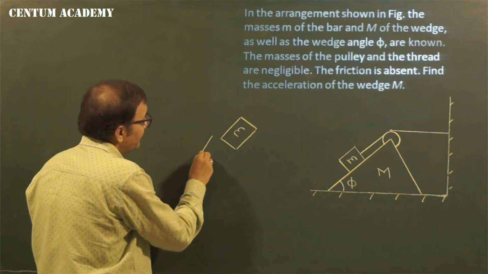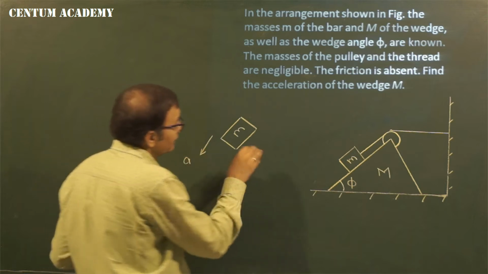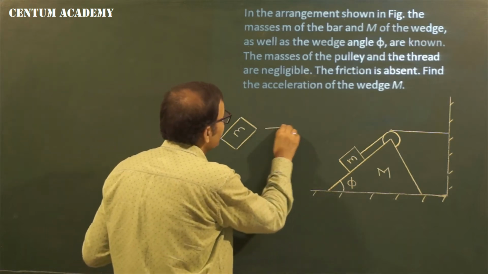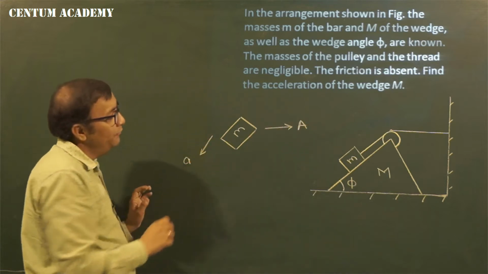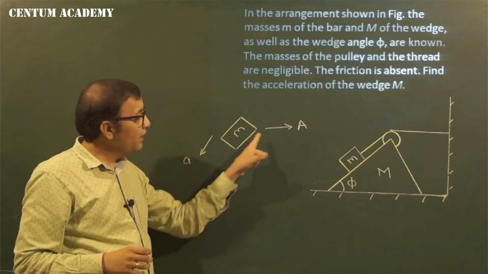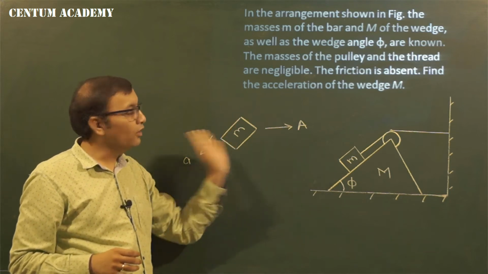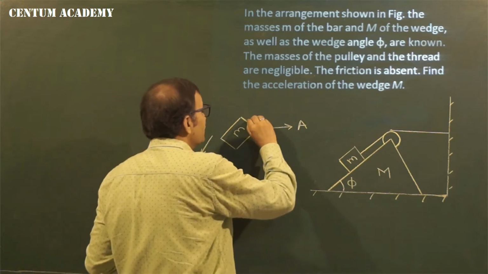If its acceleration downward is small a and the acceleration of capital M, let us say, is capital A, then small m will have two accelerations. Relative to the wedge, it is small a, and we have to add the acceleration of the wedge on small m. Okay. Now what are the other forces acting on small m?